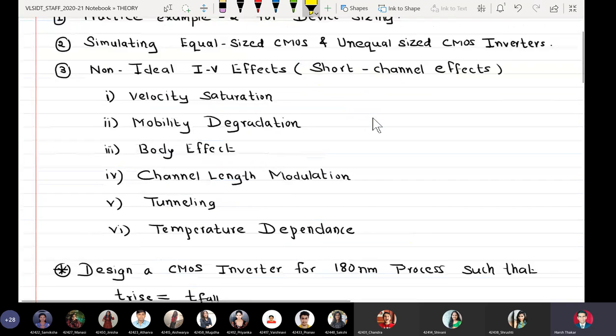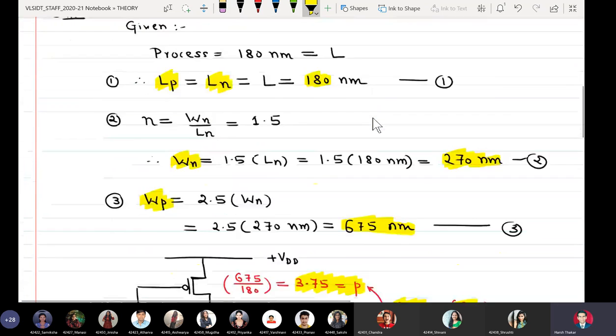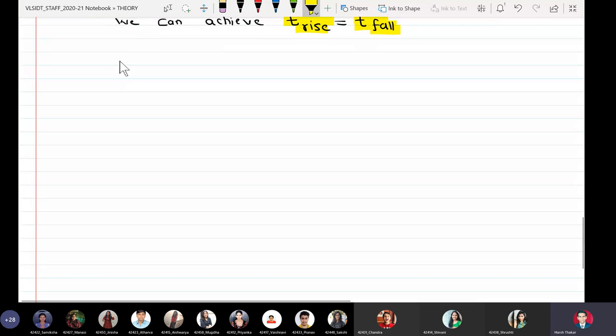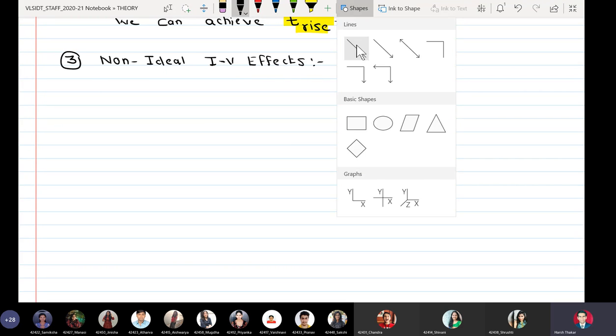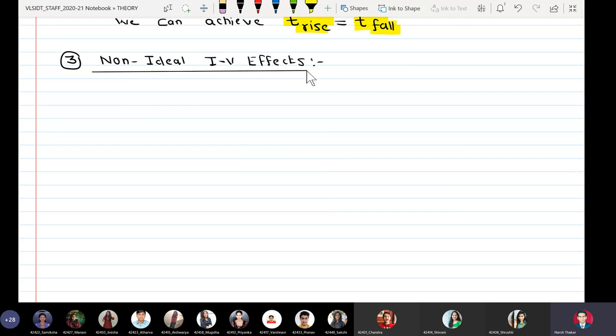Okay. Now we go to the third topic, non-ideal IV effects. So if you remember, we had actually defined short channel and long channel MOSFETs.